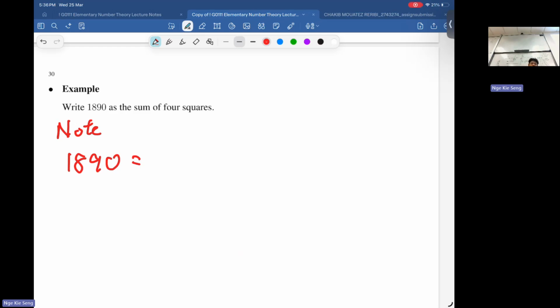You should split it into primes first. But I think in this case, it's easier to just look at this. If you want to split into primes, also can. All the primes you try also can. Then you need to combine. But I think this is enough. 30 times 63.